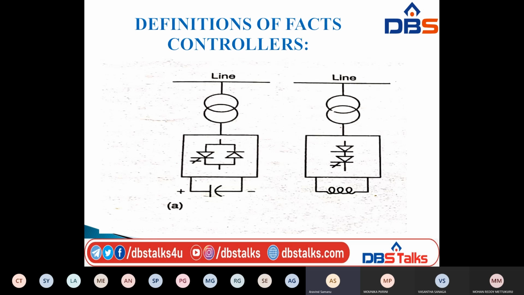The thyristor and diode are both shunt connected, or parallelly connected. Next we have one capacitor. That is why this is a static synchronous compensator, STATCOM, based on voltage source and current source converters. This is the diagram for STATCOM.